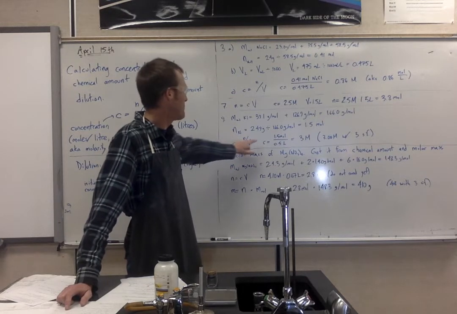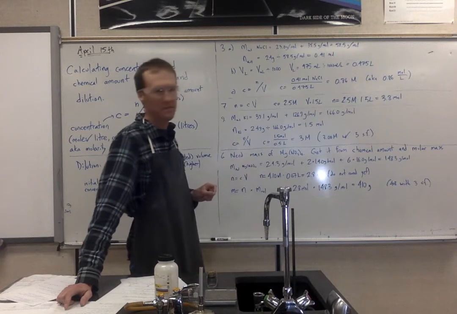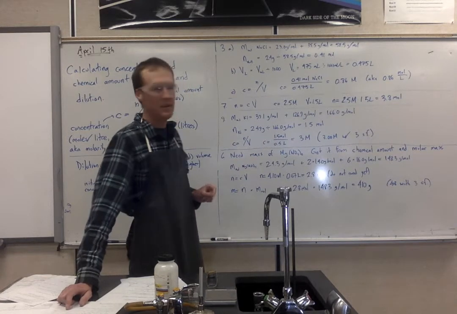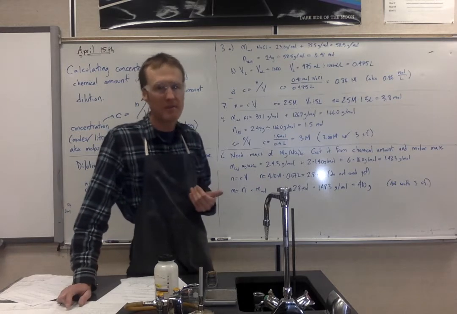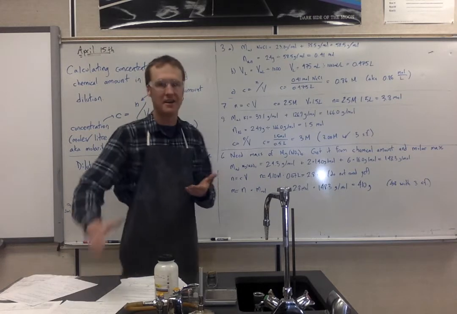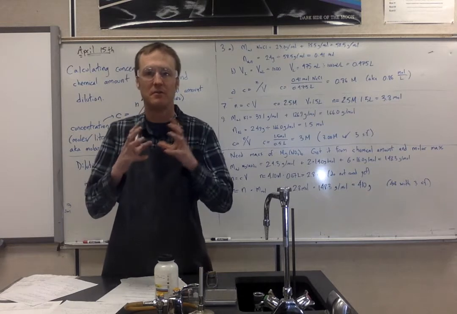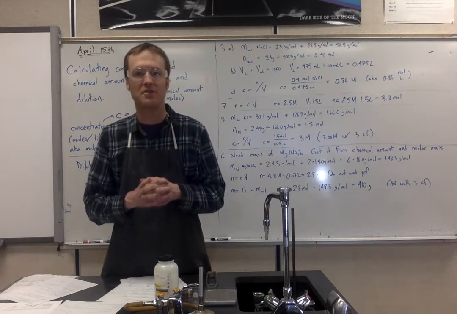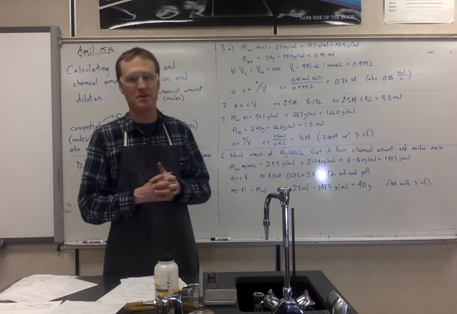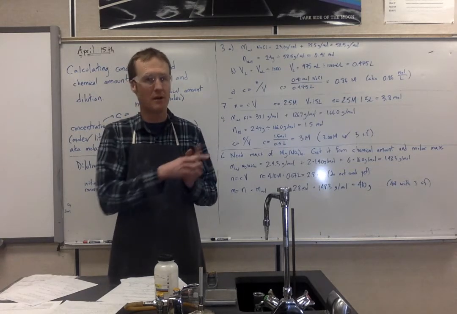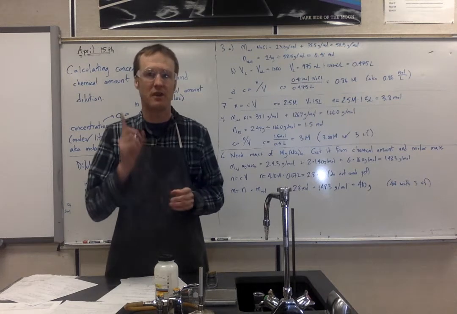C equals N over V. 1.5 moles divided by 0.5 liters is 3 molar. Notice I'm just using 1 sig fig here. If in reality I had a highly precise device for measuring the concentration, or measuring volume, I could say 3.00 molar. Here I'm going by the conventions which are allowing for 1 sig fig.